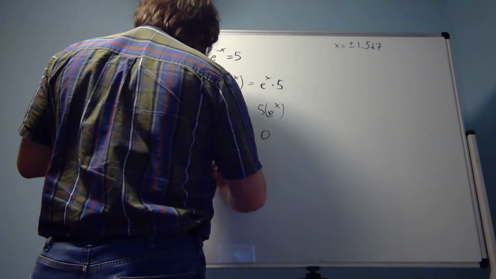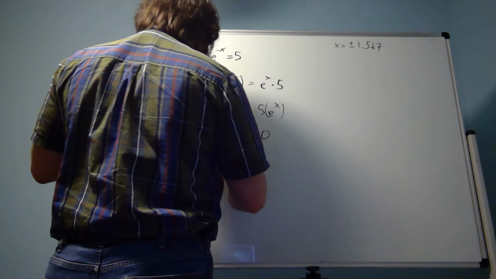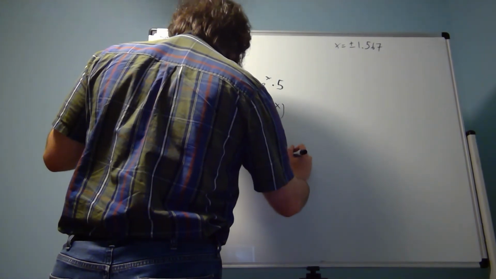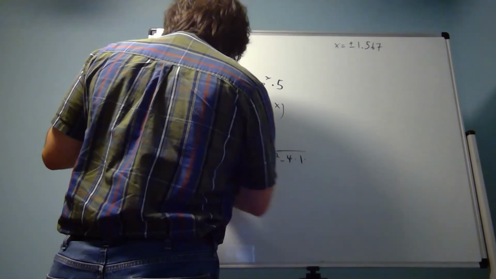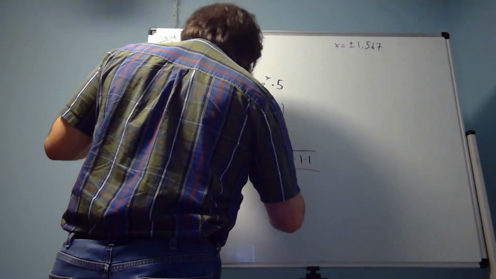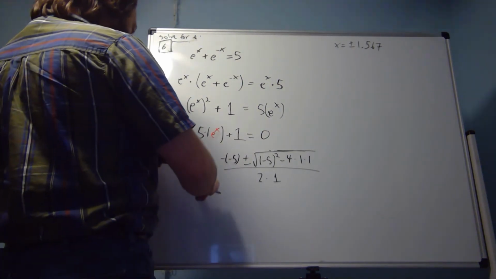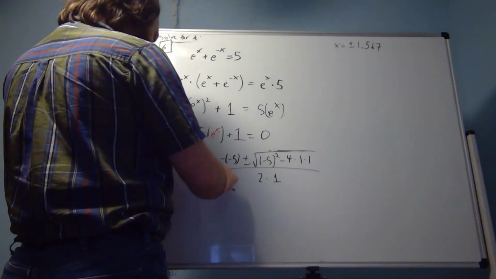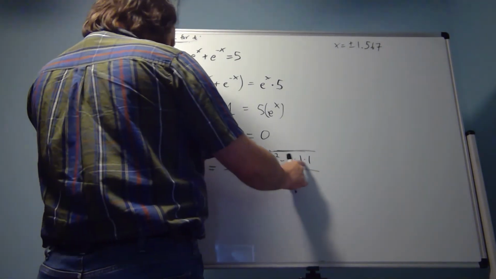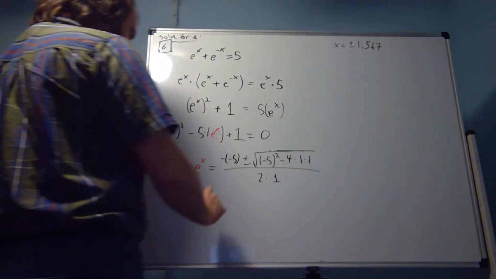So we use the quadratic formula: the variable is equal to negative b plus or minus the square root of b squared minus 4ac, where a is 1 and c is 1, all over 2a. Pop goes the weasel is the song you can sing to that.